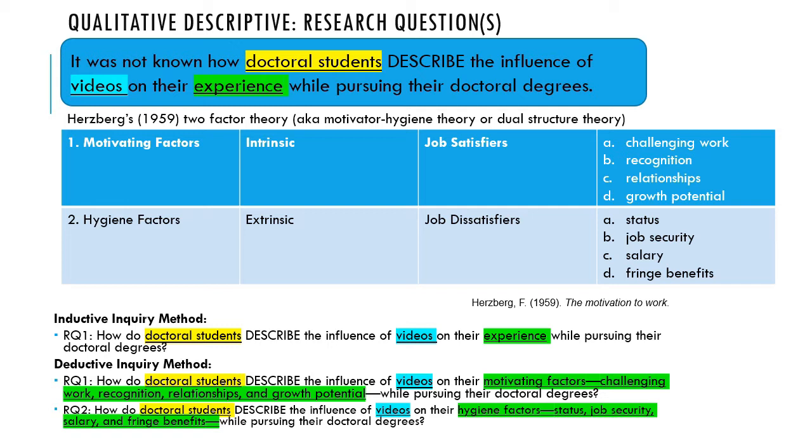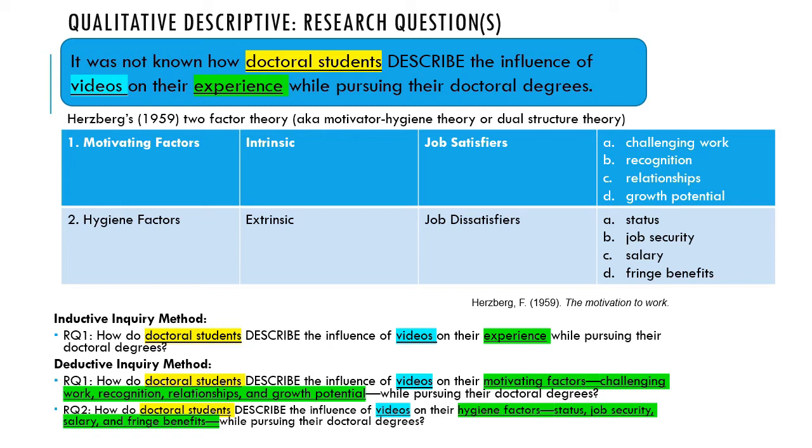So we're using the problem statement, it was not known how doctoral students describe the influence of videos on their experience while pursuing their doctoral degrees. There's two ways we can translate this into the research question. A purely inductive process would simply come up with a research question that says, how do doctoral students describe the influence of videos on their experience while pursuing their doctoral degrees?